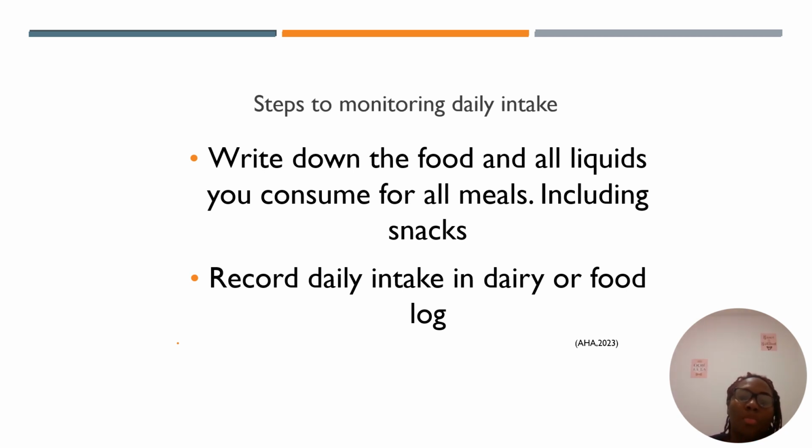This will help you monitor your intake. Anything you eat throughout the day, whether you consider it a meal or snack, you just get a diary or food log, and you write down your daily intake. If you already know what you're going to eat, you can do it before, after, or while you're eating. The goal is to record your daily intake in the log.